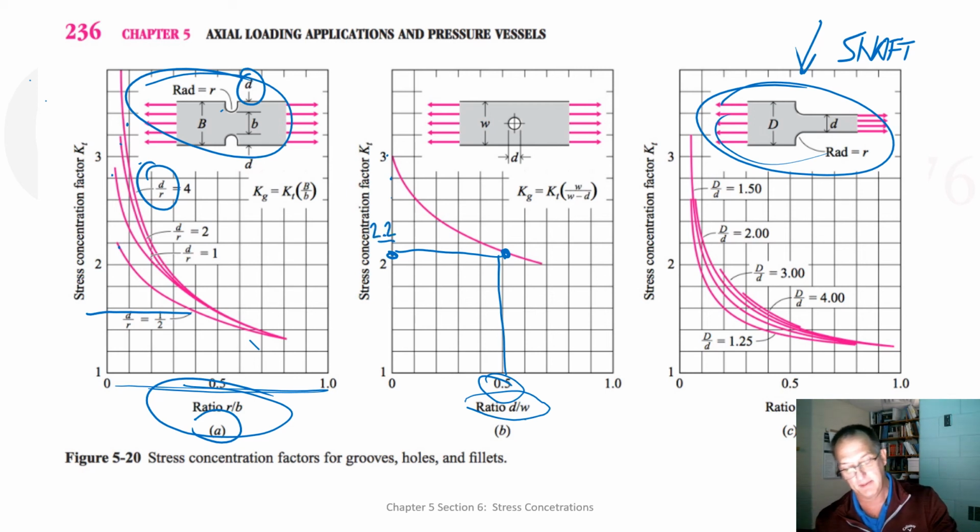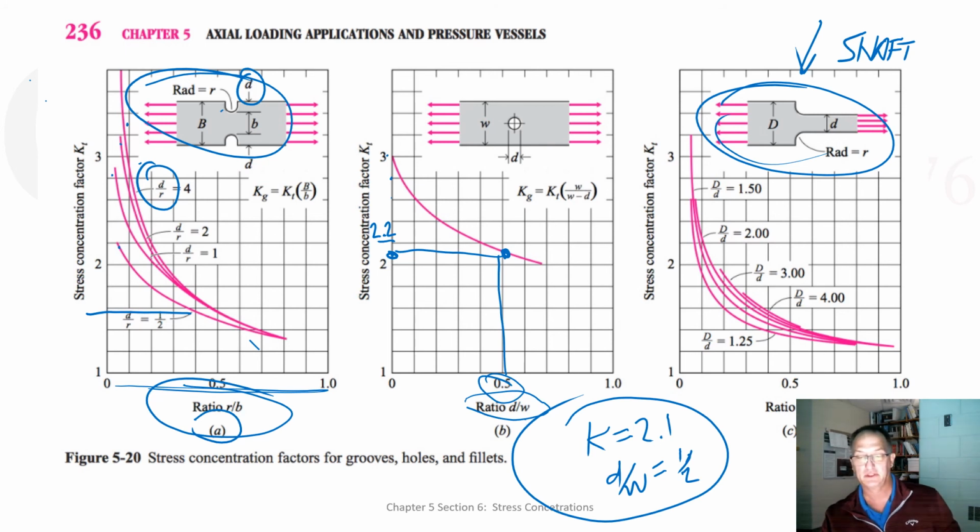So maybe that K would be 2.1 for D over W equal to half. That's fairly straightforward to use. Again, this last one, I think this is an axisymmetric. I think that's a shaft, but we may want to read the text to make sure that this is clear, or we may want to find another source.